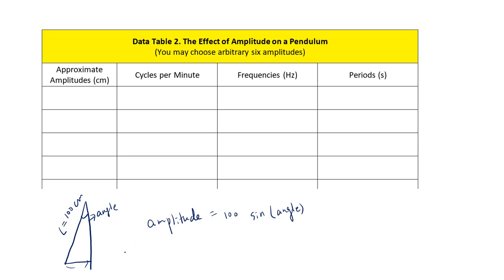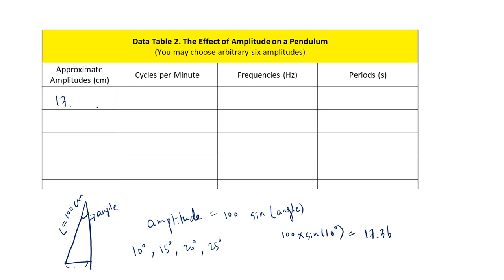First maybe 5 degrees, then 10 degrees, 15 degrees, 20 degrees, 25 degrees. For the 10 degree case, 100 times sine 10 degrees equals 17.36 centimeter. Okay.